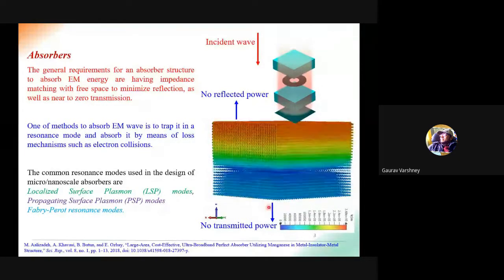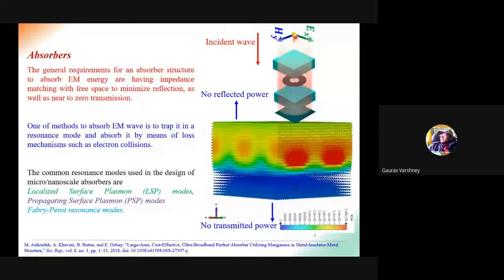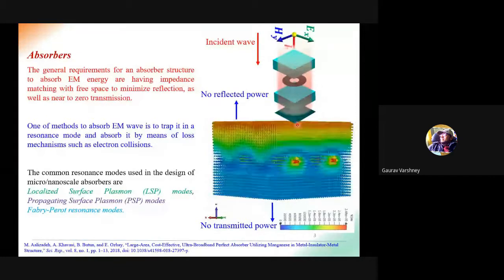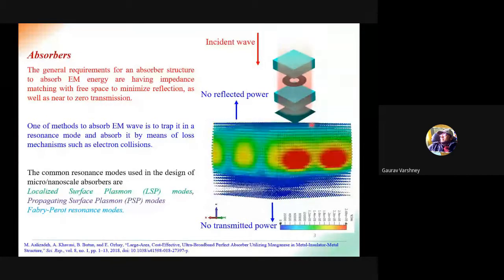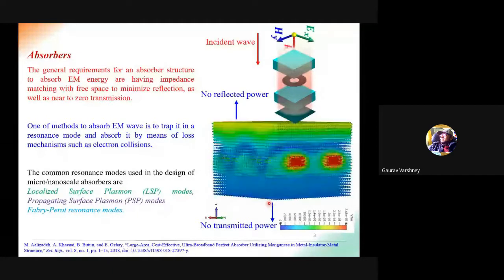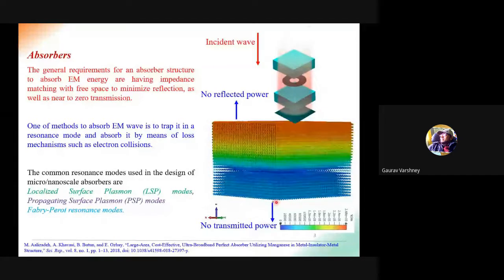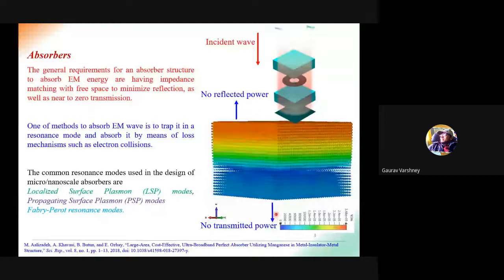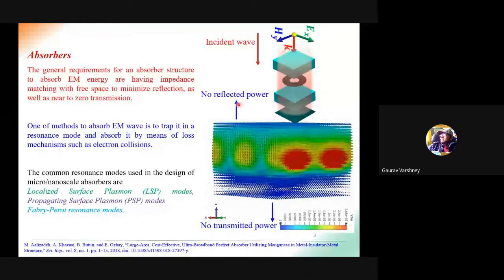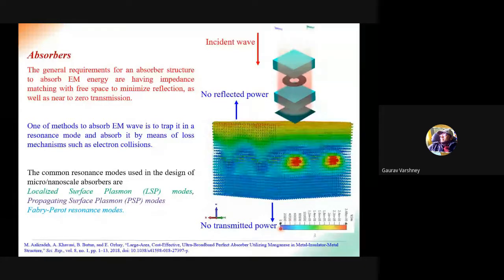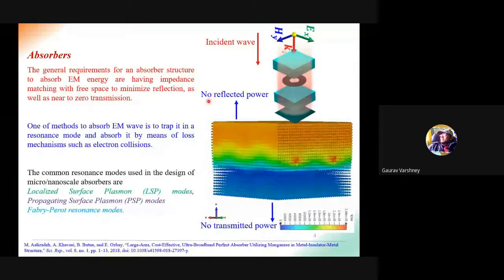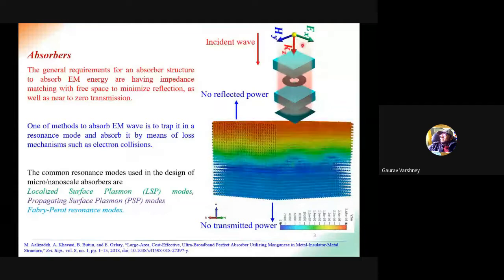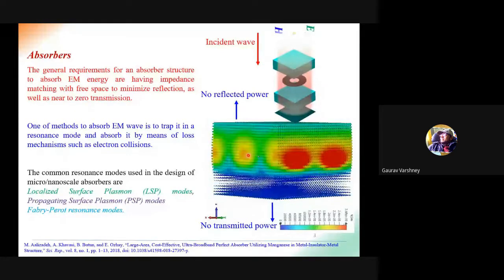Furthermore, if the electromagnetic wave is falling in the direction of wave vector kz, then in the opposite direction, no transmitted wave should be there. So we can see here there is no transmitted wave. So first concept: no reflected wave, no transmitted wave. Whenever there is no transmitted wave and no reflected wave, then the complete electromagnetic wave falling over this unit will be absorbed perfectly.